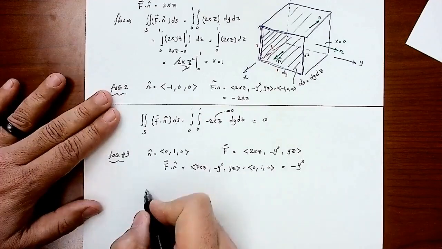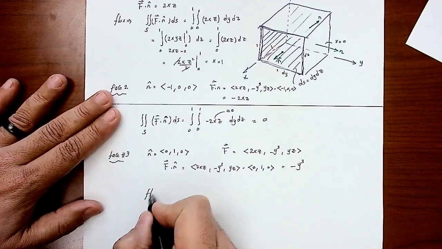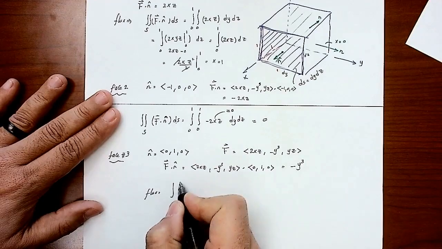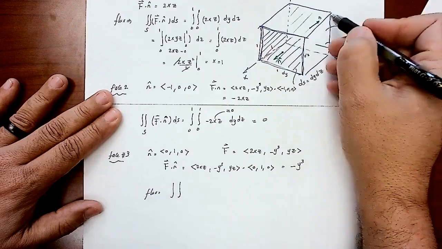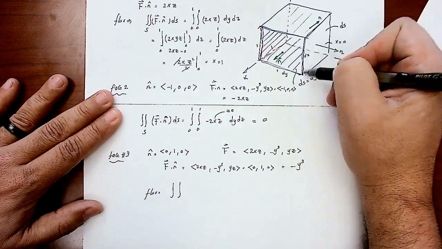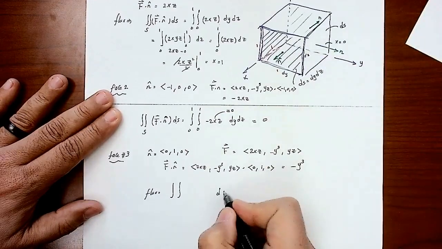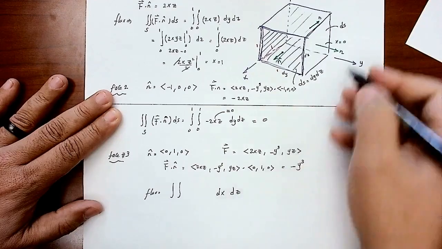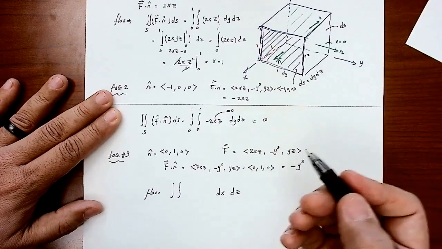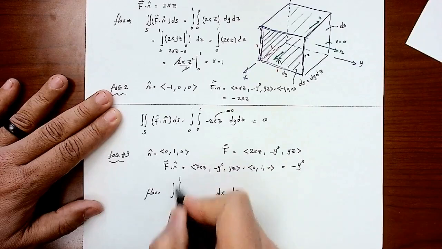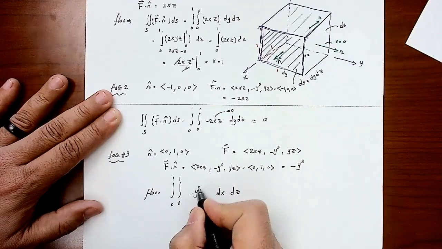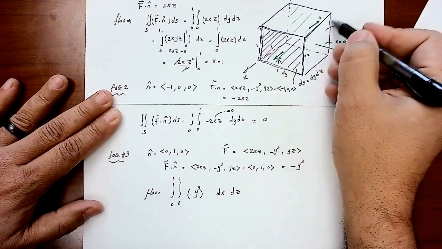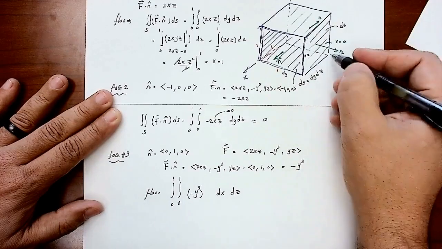Then, to get the flux, I'm going to take the double integral. Now, what is dS for that face? The area of that face is dx times dz, so I have dx dz. I'm still within the unit cube, so I change from 0 to 1 and 0 to 1. Then I want to integrate minus y cubed. Remember, the y coordinate of that face is 1.